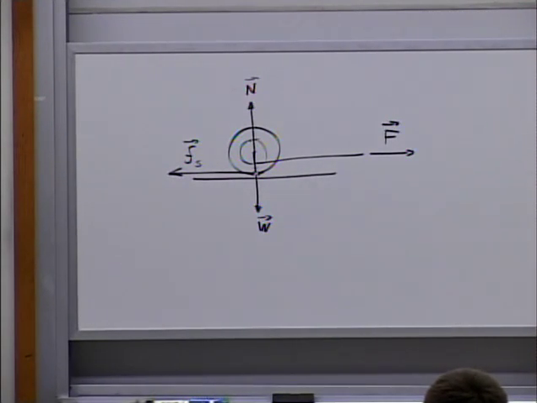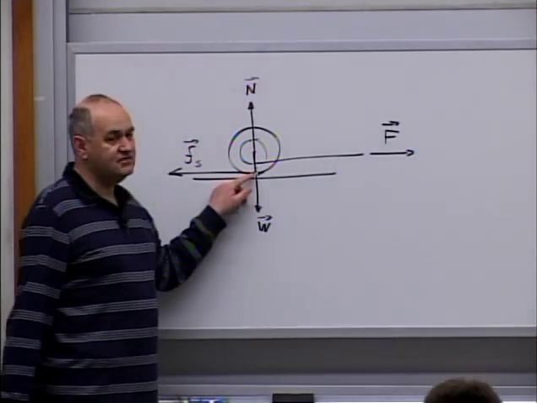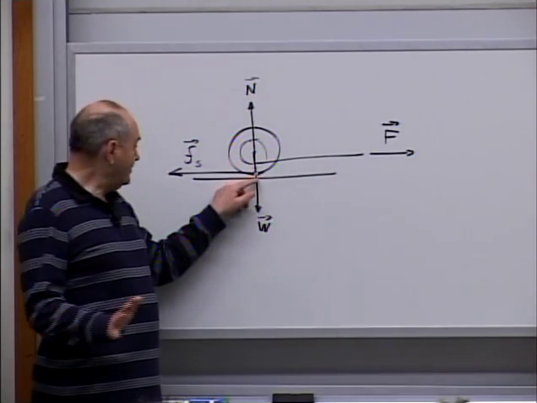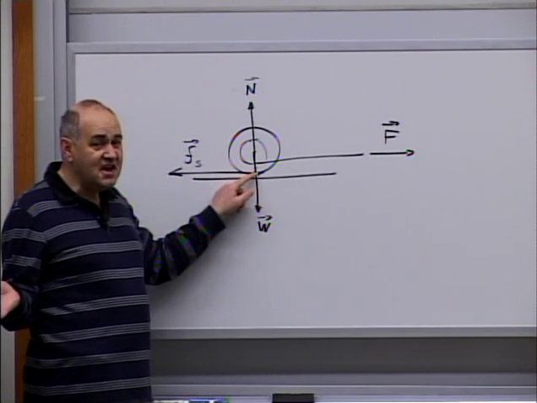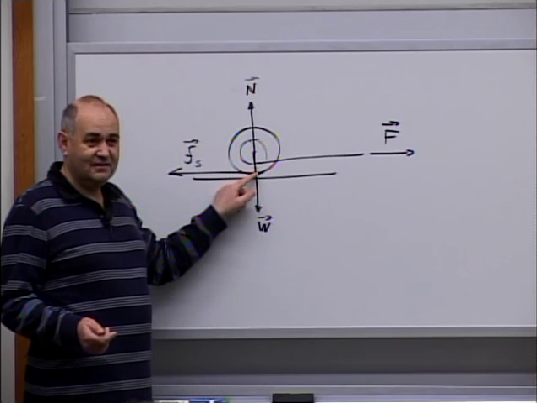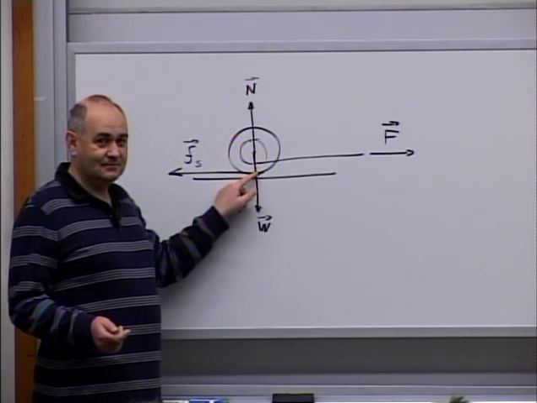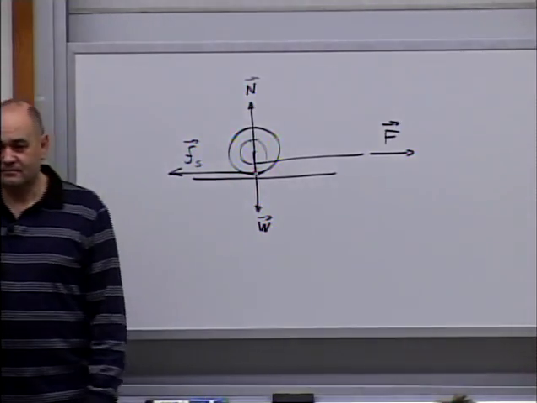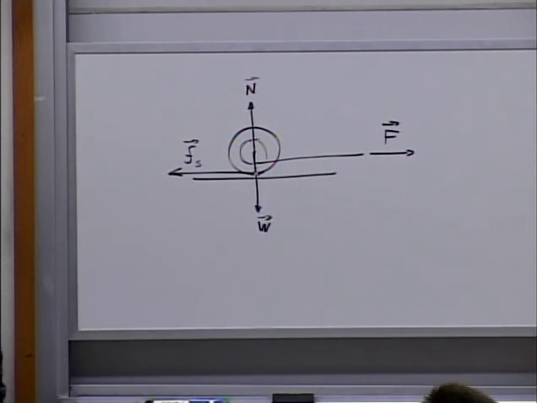Nothing, because no matter which way the friction is, in this analysis we really didn't care, because the frictional torque was 0 if we picked that point. And we can choose that point wherever we want.